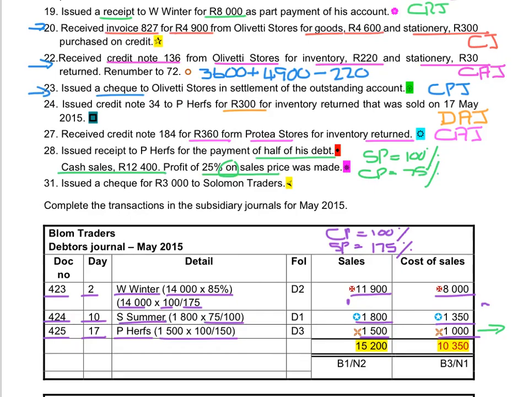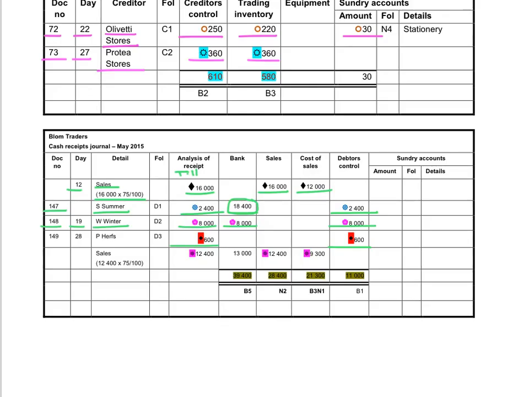It's for money received, so it will be recorded in the cash receipts journal. We will indicate that money was received from sales in the till, 12,400. Sales income increased, and we calculate 75% of the 12,400 and indicate that the cost of sales is 9,300.